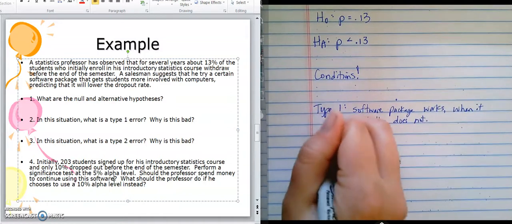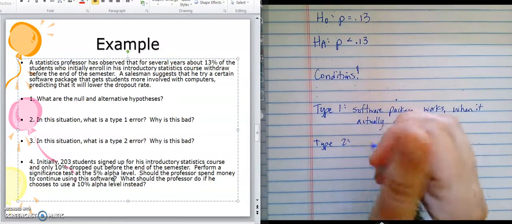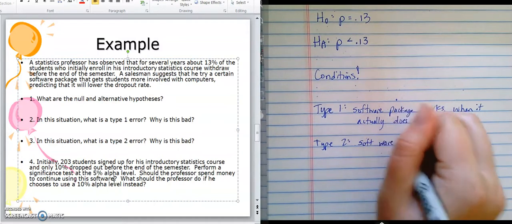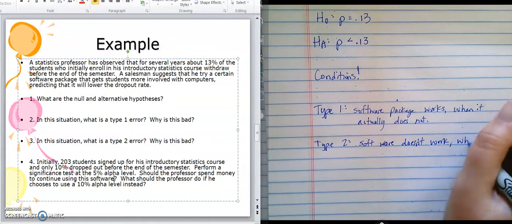So a type 2 error would be when he retained, but he should have rejected. So he said the software doesn't work when it actually does.